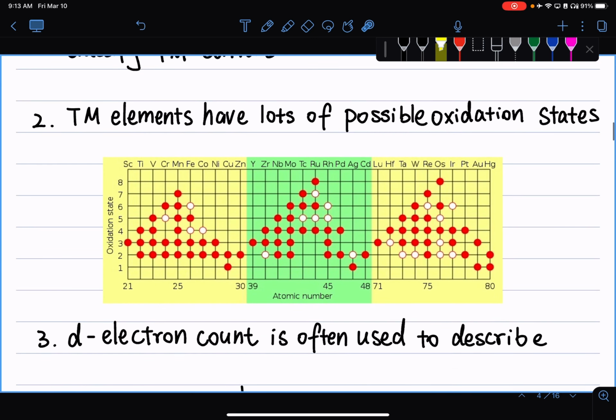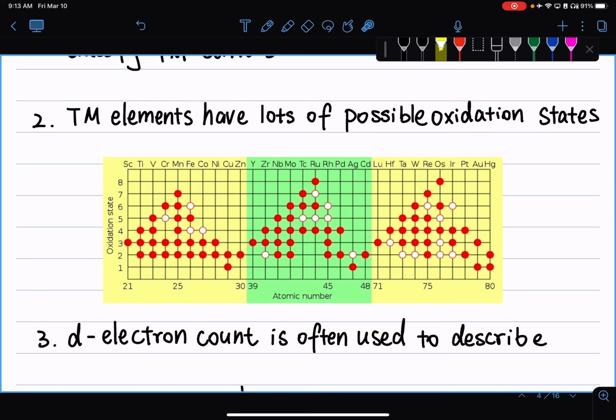You don't have to remember any of this, but this is just a table to show you the possible oxidation states for different transition metal complexes. There are still some trends, but the take-home message is almost all transition metal centers have multiple allowed oxidation states.